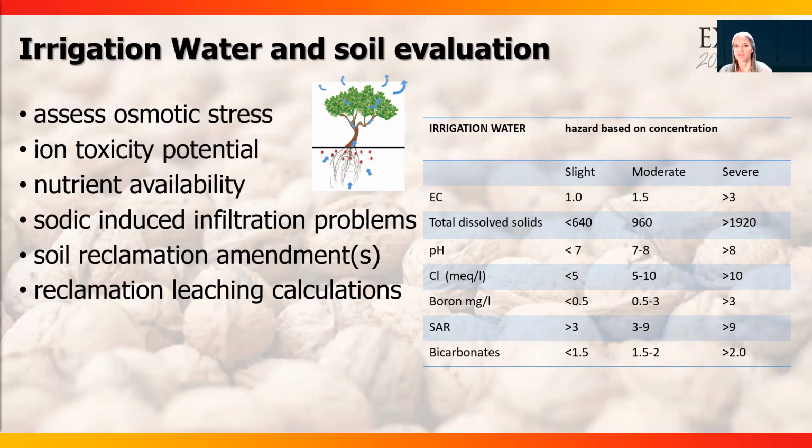So with irrigation, water, and soil evaluation, our goals are to assess the potential for osmotic stress and ion toxicity. Osmotic stress refers to the tree working harder to take up water and transpire because of the increased salt concentration in the soil.